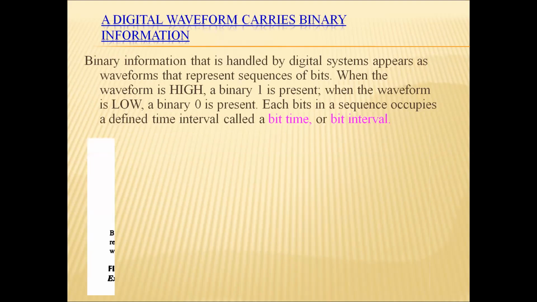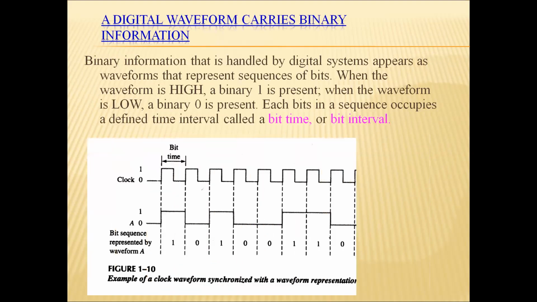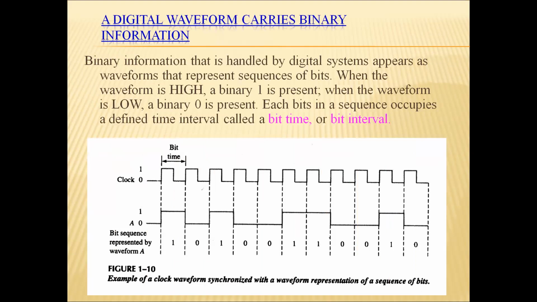When the waveform is high, let us straight away go to the graph. As you can see here, this is a clock. As we know, it's a train, so it's a continuous production of a train of pulses. So this is a clock, on off, on off, on off, and so on.